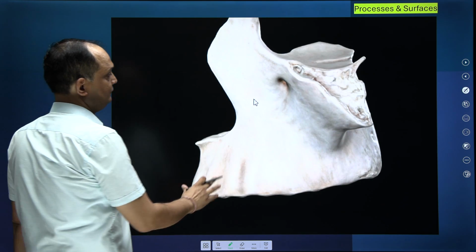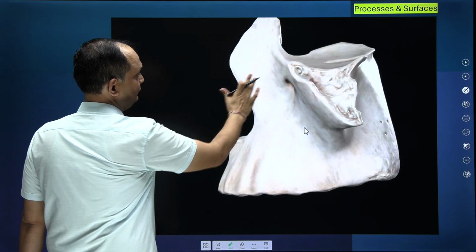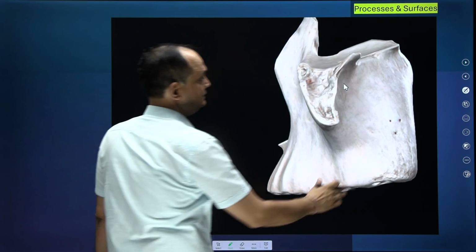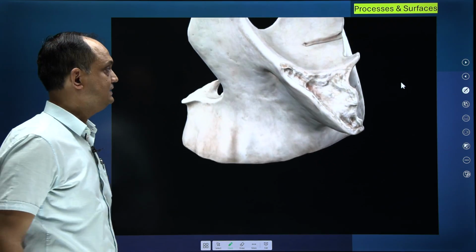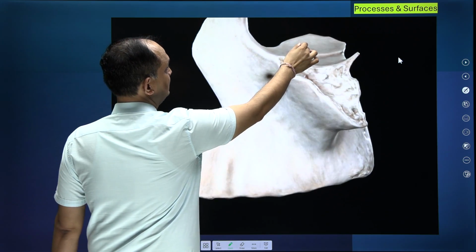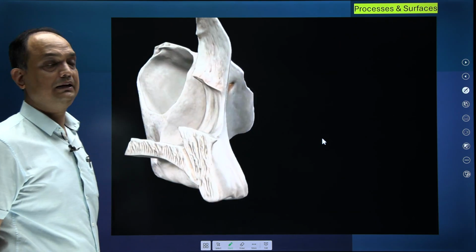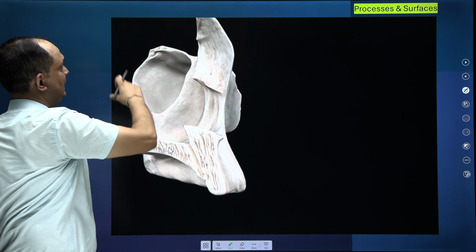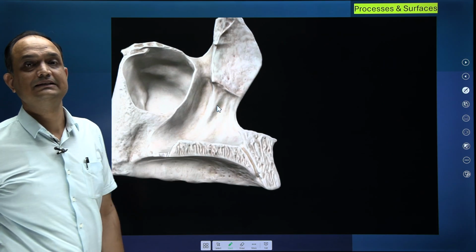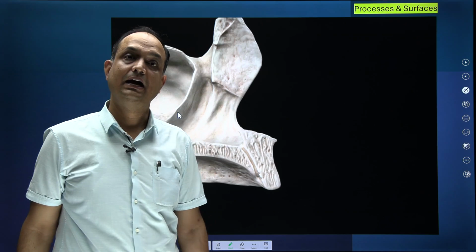Now when you see the surfaces, this is your facial surface or the frontal area, this is your posterior surface or infratemporal surface, this is your orbital surface on the superior aspect, and this is the nasal surface on the medial side, where you will have a big opening of the maxillary sinus, which is known as the maxillary hiatus.